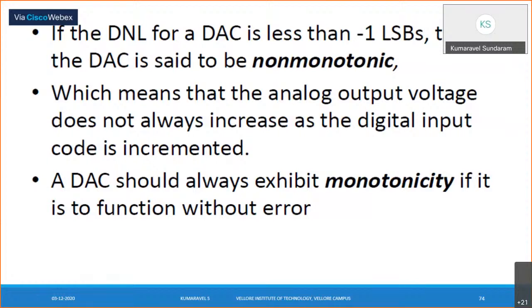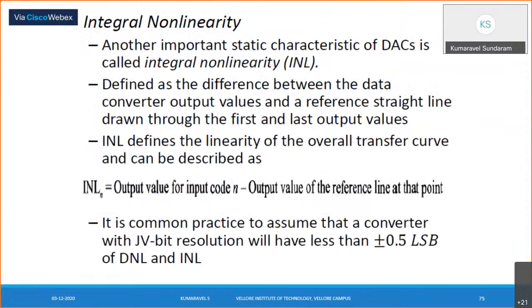Similarly, there is one more performance metric called integral nonlinearity, INL. This is also a static characteristic of a DAC. It is defined as the difference between the data converter output value and the reference straight line. A reference straight line is drawn from the first and the last output values, and then we find the difference between the reference straight line and the output value.